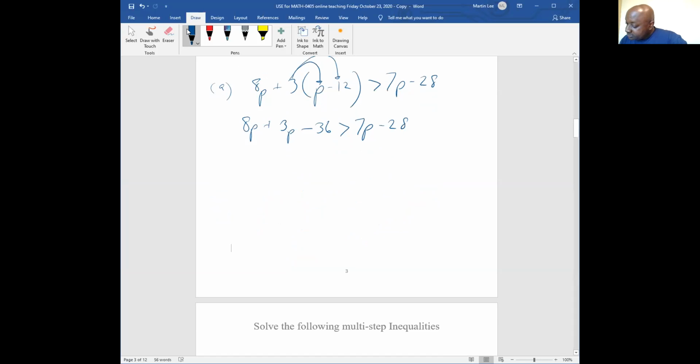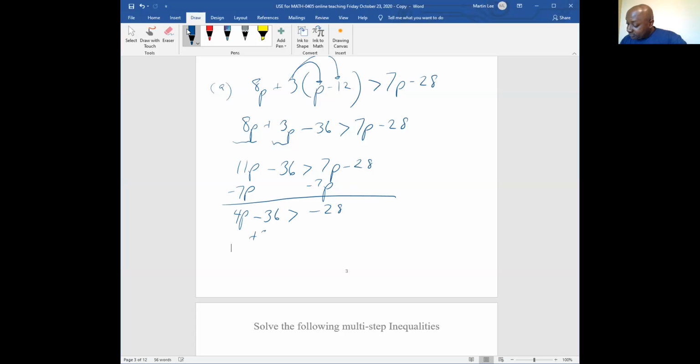Let's combine like terms: 8P plus 3P equals 11P minus 36 is greater than 7P minus 28. Want to subtract 7P from both sides. On the left-hand side, this gives me 11P minus 7P is 4P minus 36 is greater than negative 28.